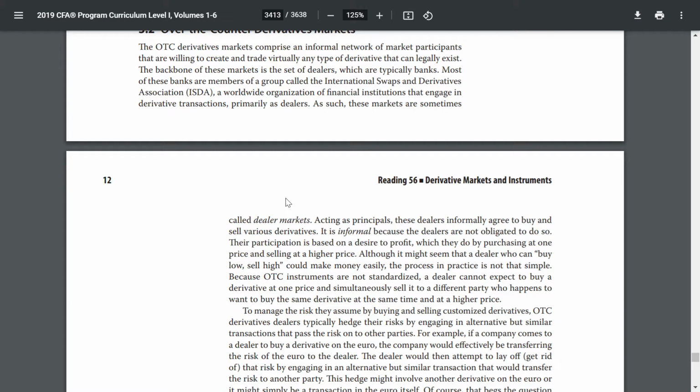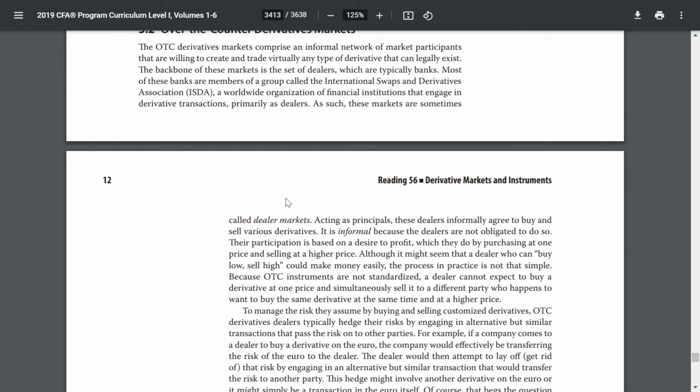Acting as principals, these dealers informally agree to buy and sell various derivatives. It is informal because the dealers are not obligated to do so. Their participation is based on the desire to profit, which they do by purchasing at one price and selling at a higher price.